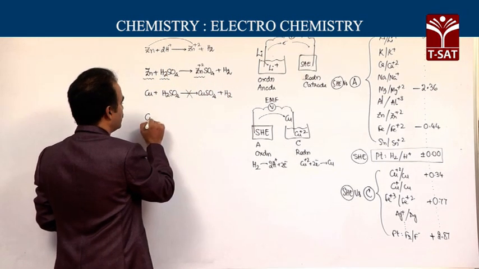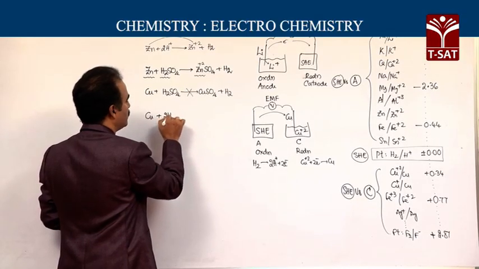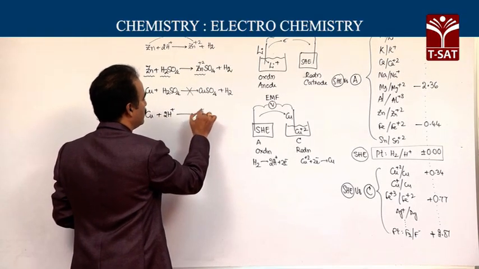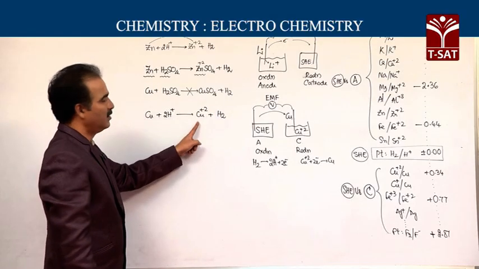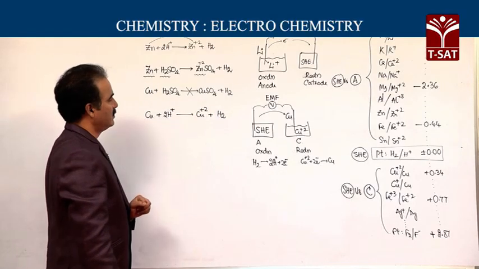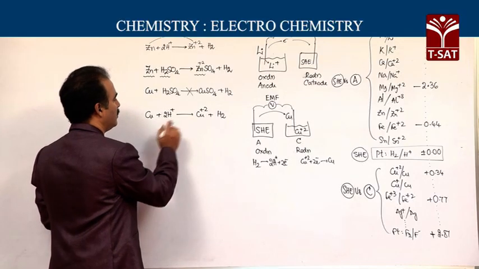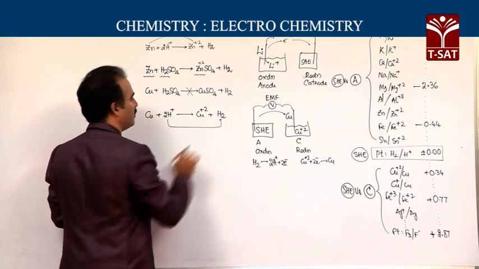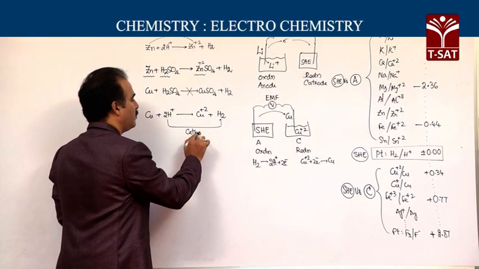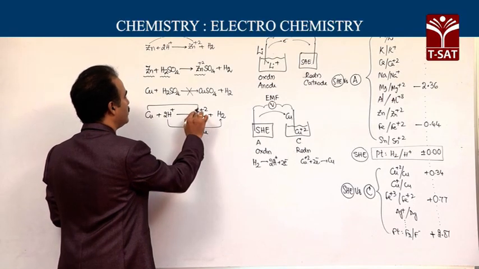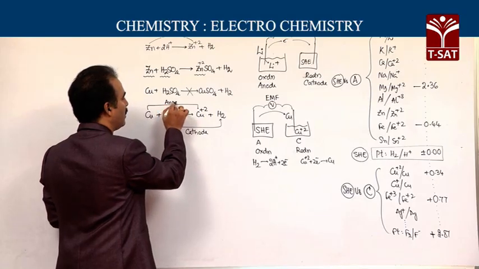Similarly, if you write a reaction here, Cu plus 2H plus gives Cu 2 plus plus H2. This is the second reaction. Here H plus is undergoing reduction, so it should act like cathode. Copper is undergoing oxidation, so it should act like anode.